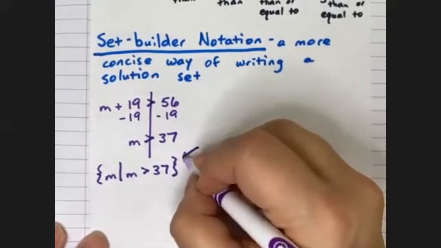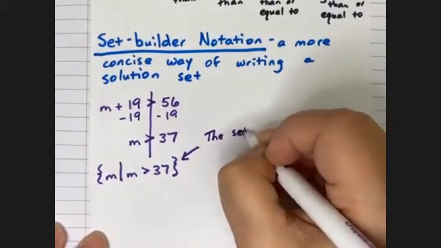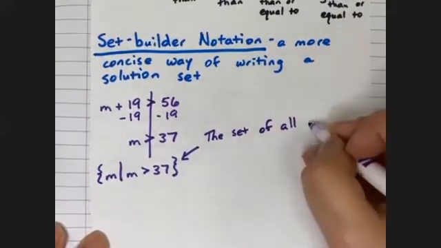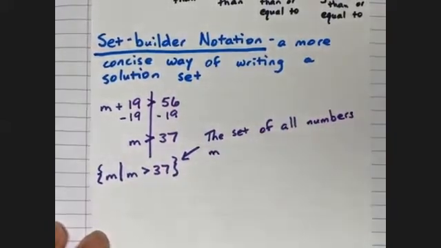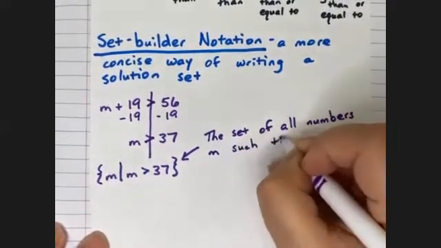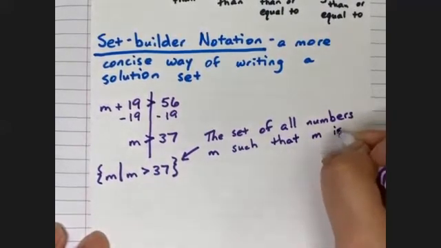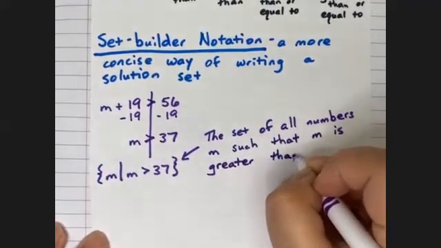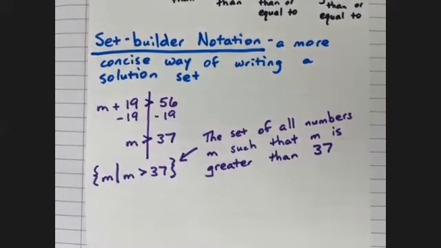This is what it means in words: the set of all numbers m, because the m's are variable, the set of all numbers m such that m is greater than 37. So that's what all of that means.